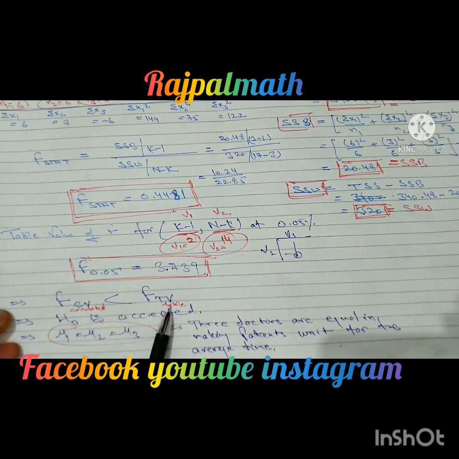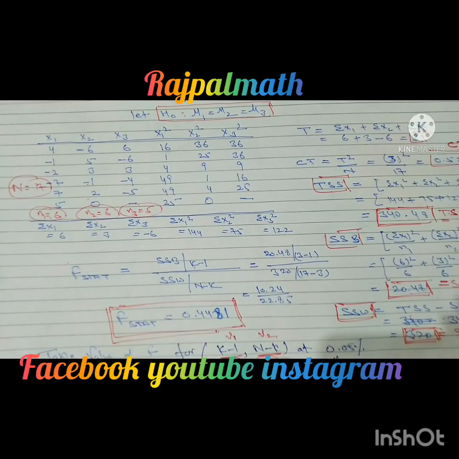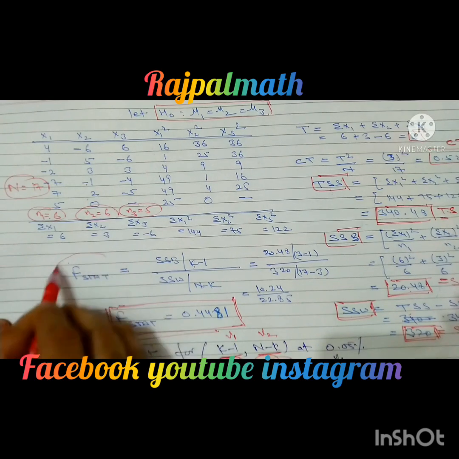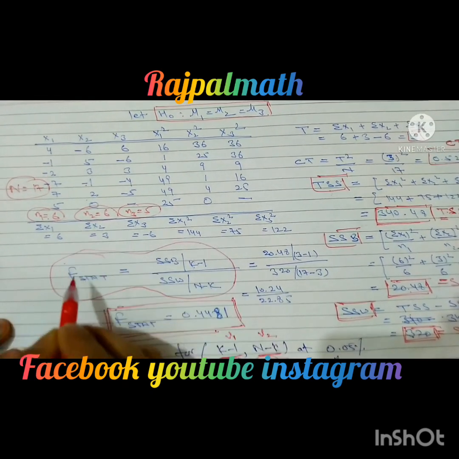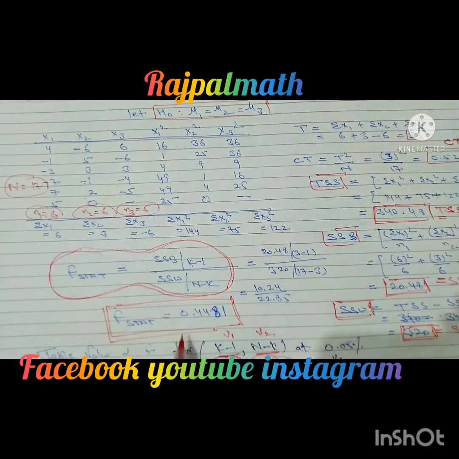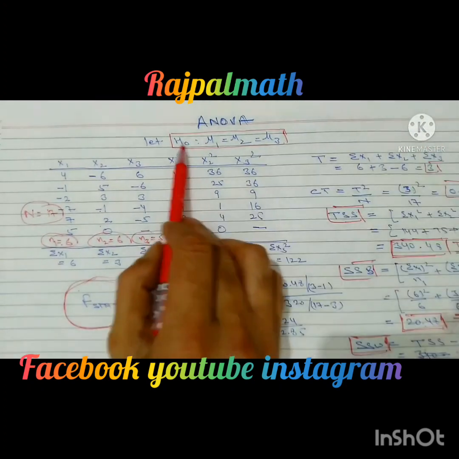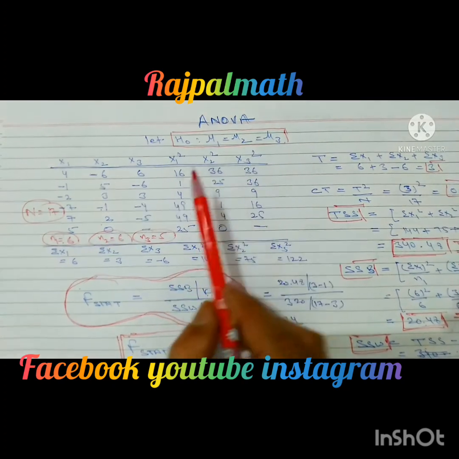The F calculated value is less than the table value by the one-way ANOVA table. So H naught is accepted.